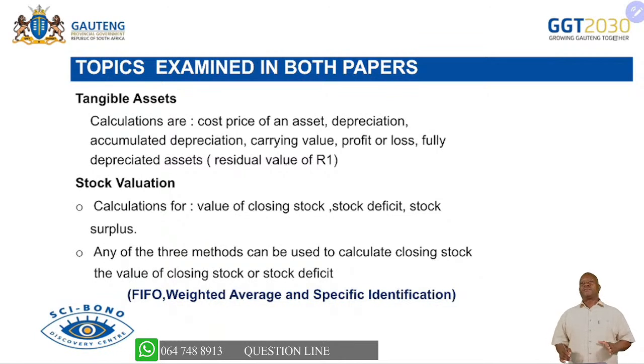So in short, income statement, balance sheet, those are your financial statements. That makes up question 1, which can be a complete income statement without a balance sheet. It can be a complete balance sheet without an income statement, or it can be part income statement and part balance sheet. So at least you need to be very much careful and aware of what's happening with our financial statements.